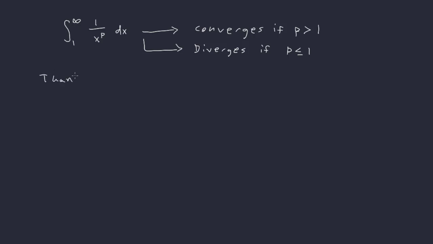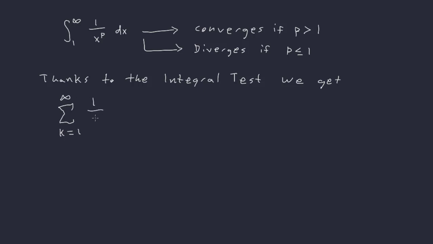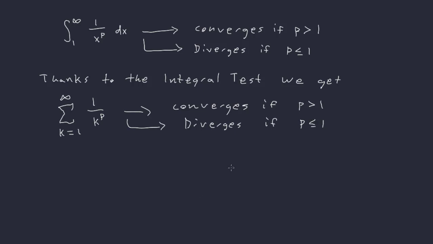So thanks to the integral test, okay, we get that this series, k going from 1 to infinity, of 1 over k to the p, well, it converges if p is strictly greater than 1, and it diverges if p is less than or equal to 1.